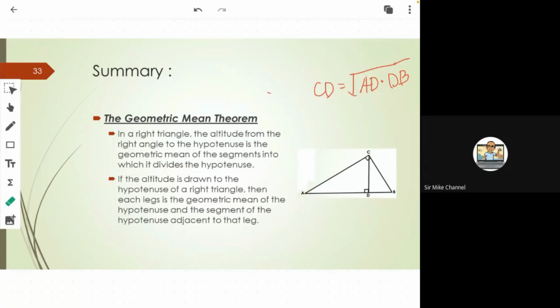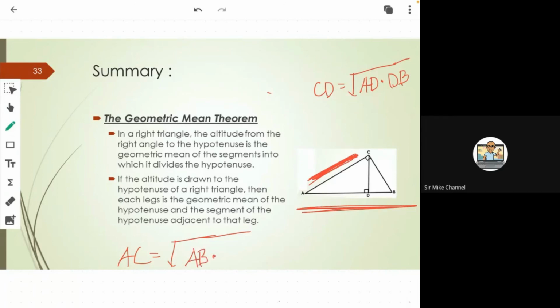Okay, so if the altitude is drawn to the hypotenuse of the right triangle, meron tayong dalawang leg. So, let's say, ito yung leg natin. Dito yung formula. Ito yung CD na ito. So, yung leg natin, let's say yung AC, is the square root of the hypotenuse, yung AB, times the adjacent.